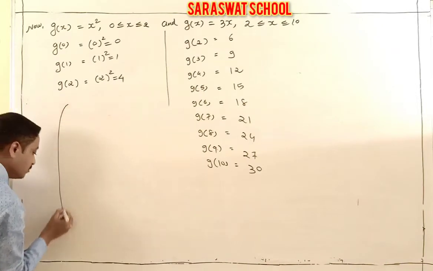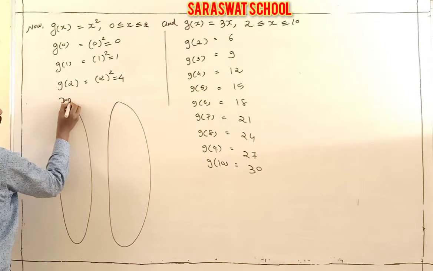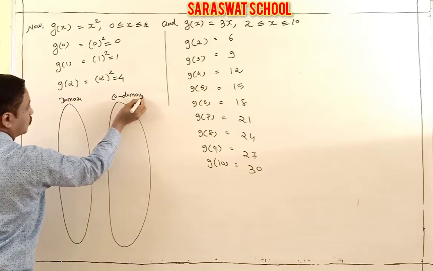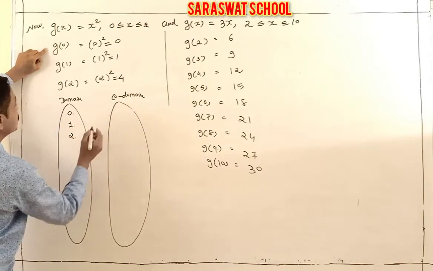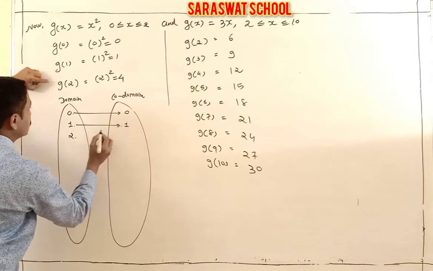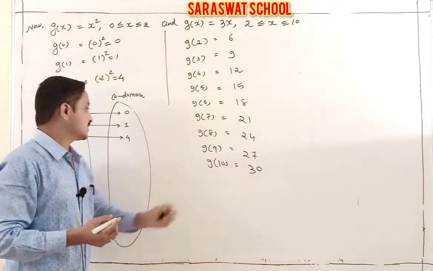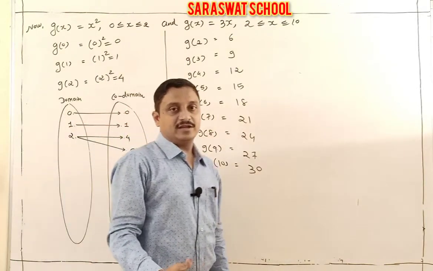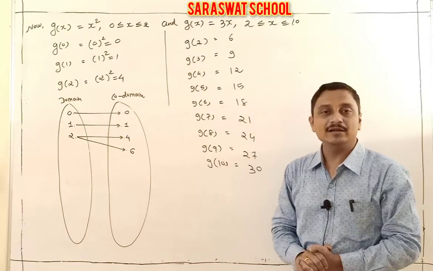Now checking the same rule, domain and codomain. For the domain, values are 0, 1, 2. 0 putting then 0 answer, 1 putting then 1, 2 putting then 4. Now here checking again: 2 putting then 6. Yes students, it is changing your result. Check here: is the element of domain uniquely associated?